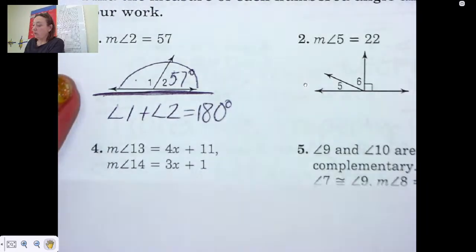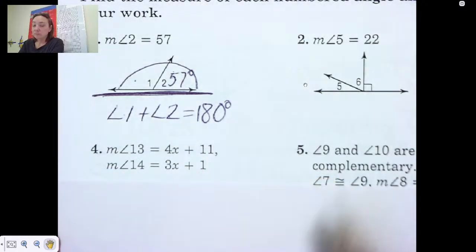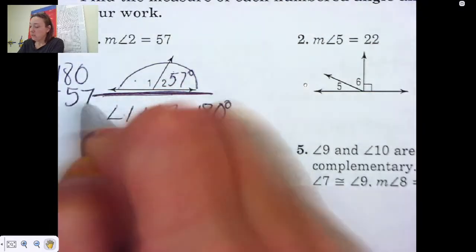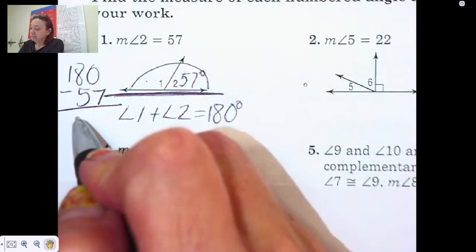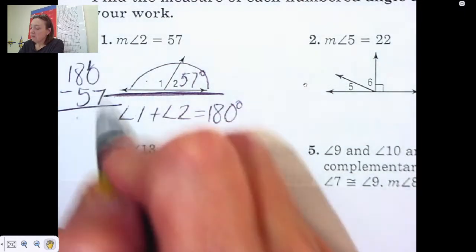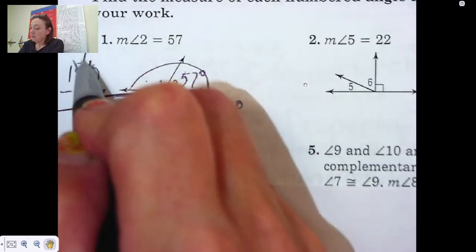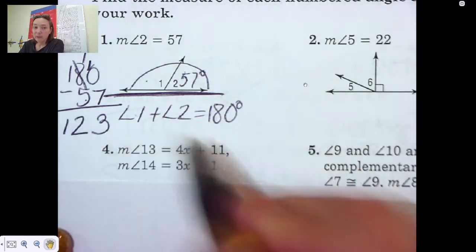And if we know that angle 2 is 57 degrees, how do we find angle 1? 180 minus 57. What's that going to get us? So 10 minus 7 is 3, but we borrowed from this, so it's going to be 7 minus 5. What is it? 123.